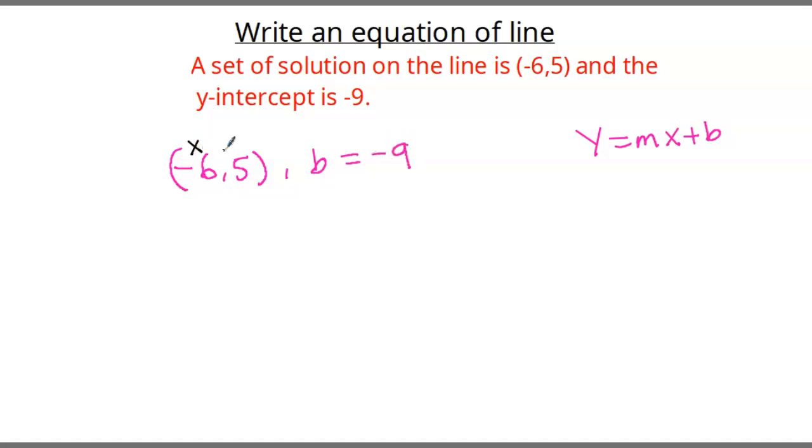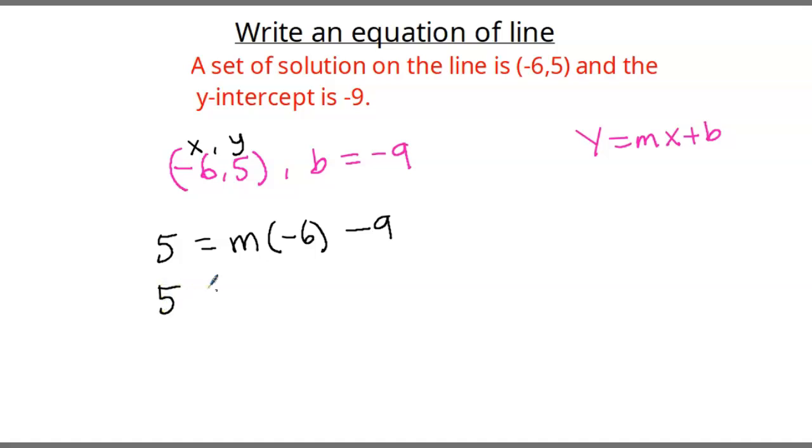This is our x and this is our y. We're going to plug it in here to find our slope: y is 5, equals the slope we don't know, times x, which is -6, plus the y-intercept -9.